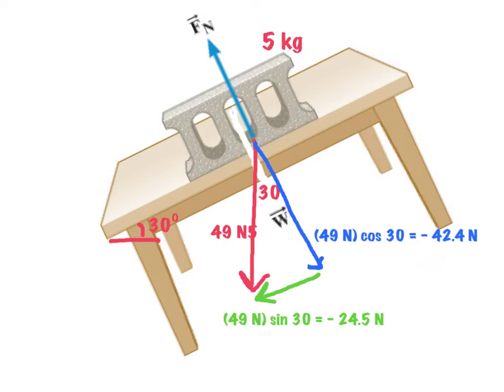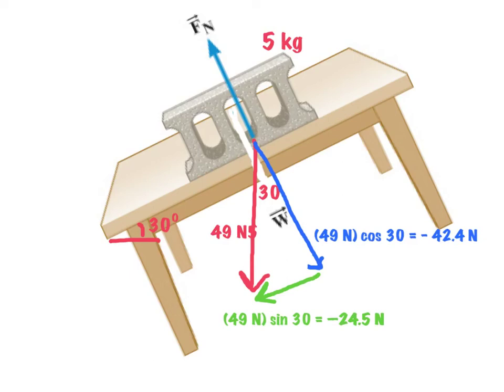It's only negative because it points down along our negative y-axis. And then for our x component, we do the weight times the sine of the angle, and we get negative 24.5 newtons. And again, it's negative because it points in our negative x direction.